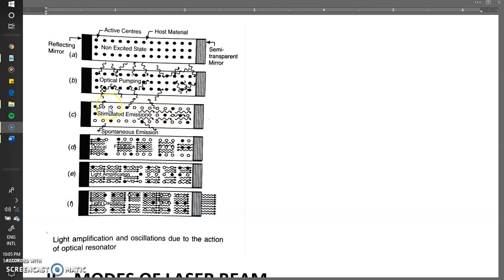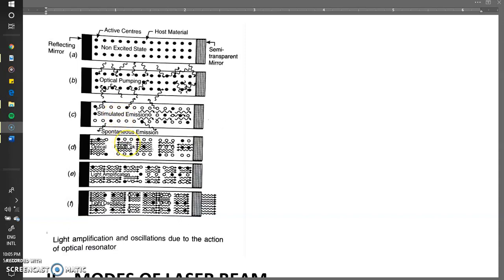These atoms in the metastable state keep on accumulating till a population inversion is reached. Population inversion means the number of atoms in the metastable state far exceeds the number of atoms in the ground state.